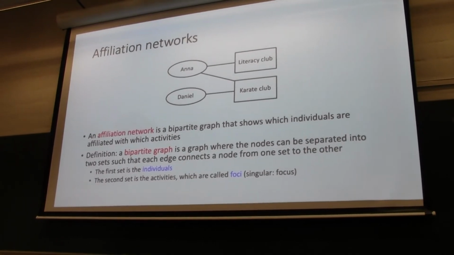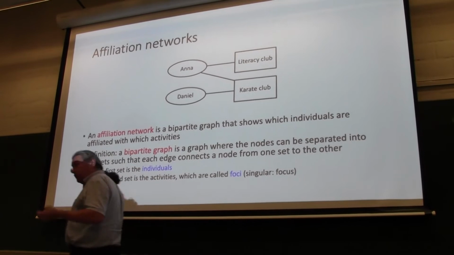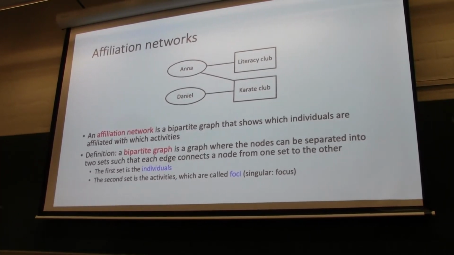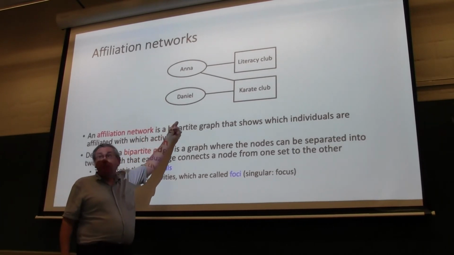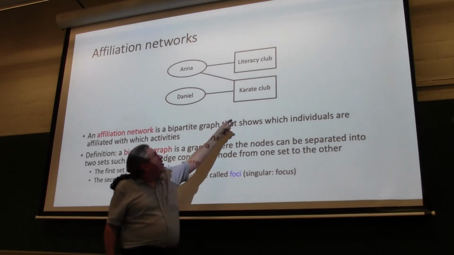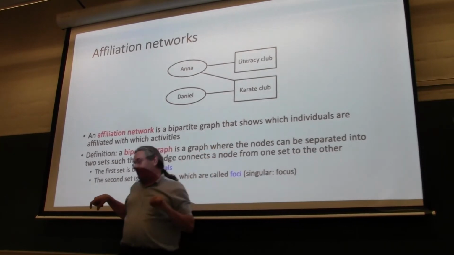So here's an example of an affiliation network. This is a network with two kinds of nodes. This is not a social network, right? It's a different kind of network. I have the nodes that are people, as before, but I have also nodes that are activities or interests or something, which are not people.